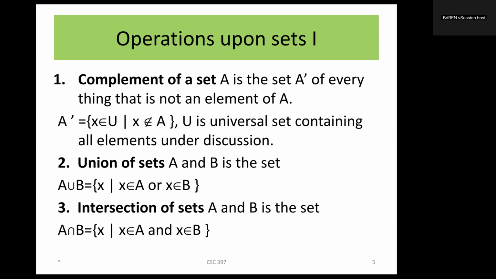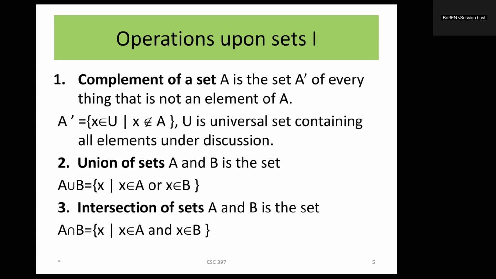So union of sets means that A and B give the set A union B. So x belongs to A or x belongs to B. That means we are combining all of A and B and making a set.